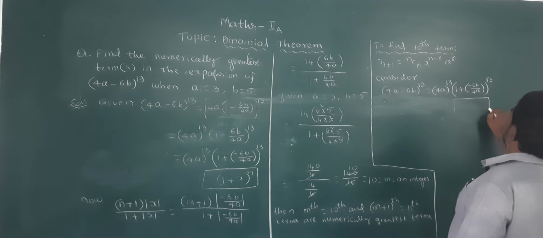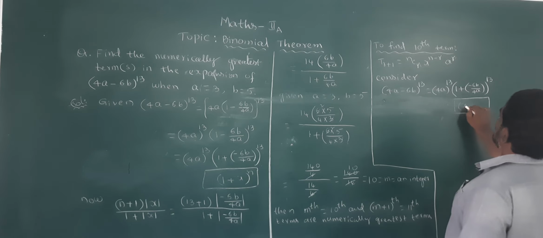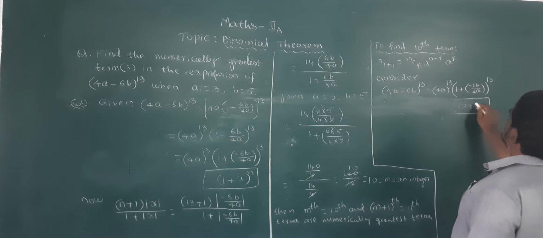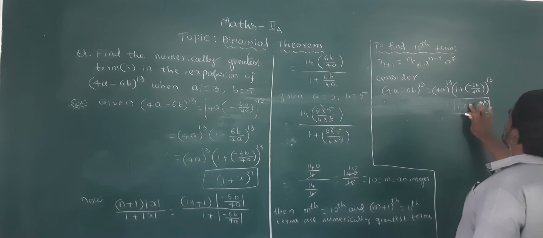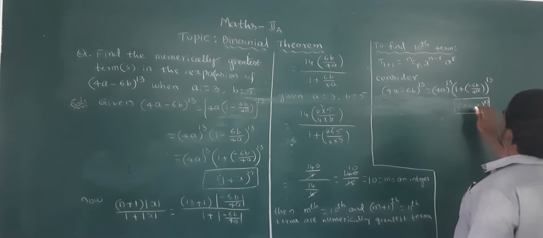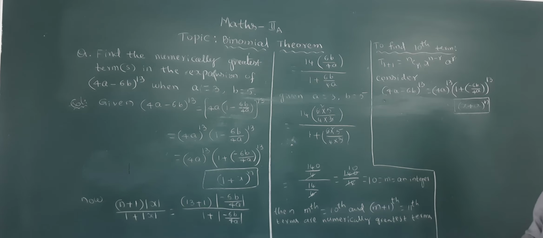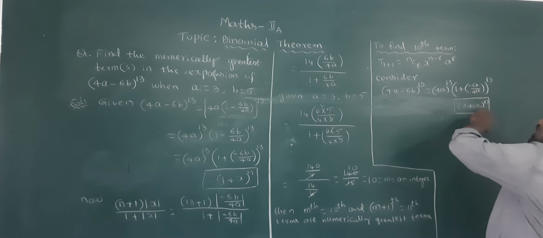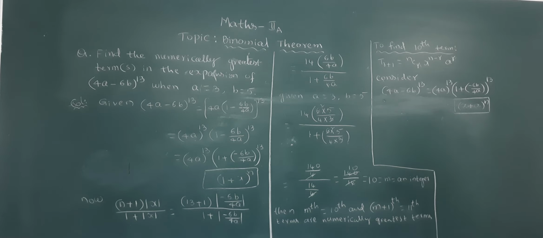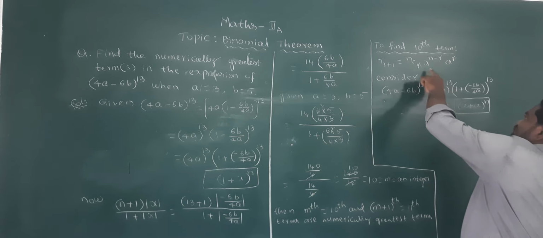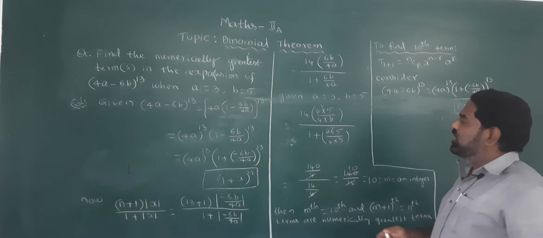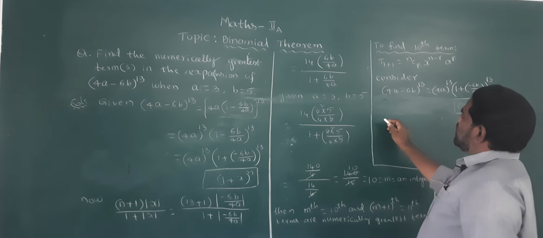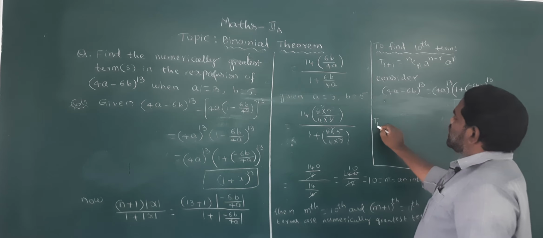Now we compare this expansion with (x + a)^n. x equals the first term 1, and a equals the second term, -6b/4a. We have to find the 10th term.